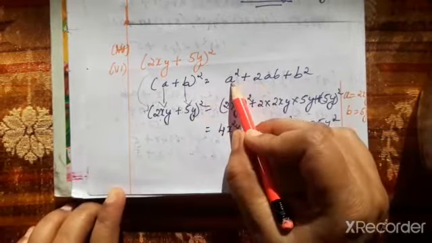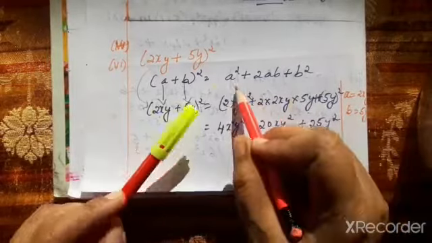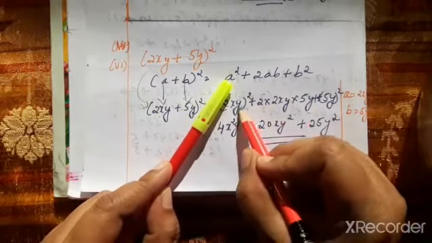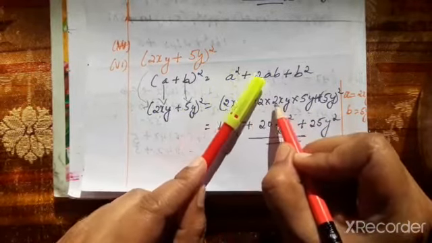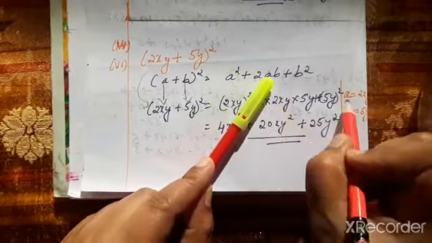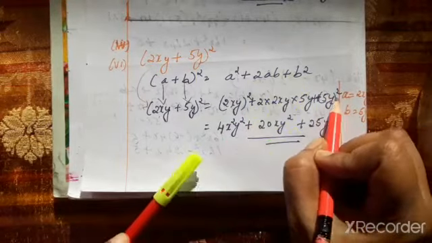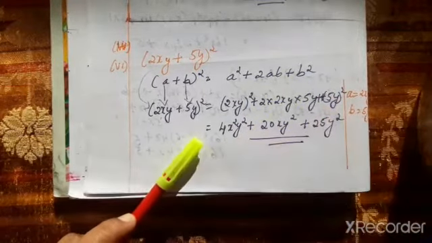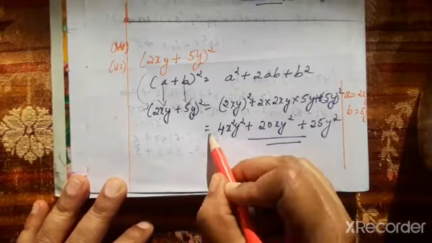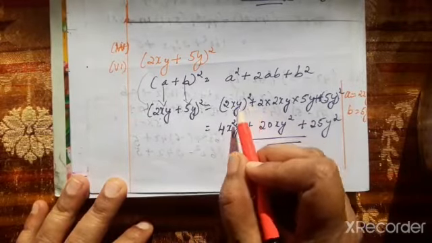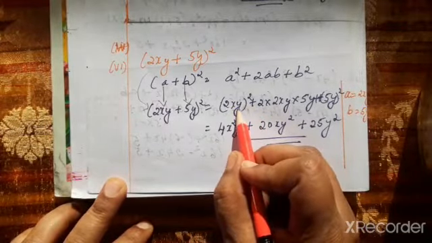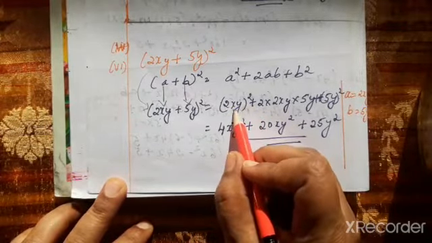So a² means (2xy)², plus 2 into a value 2xy into b value 5y, plus b² means (5y)². Now (2xy)² means multiplying 2xy into 2xy two times.